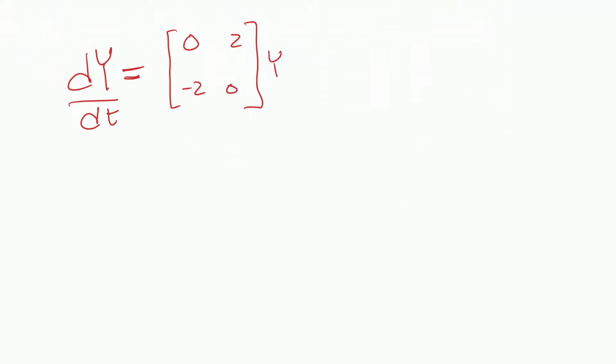Let's see. So you have dy over dt is equal to the matrix 0, 2, -2, 0. I'm picking something that's relatively easy. There are other matrices that aren't quite this simple that have pure imaginary eigenvalues. Maybe I have one in my PowerPoint.